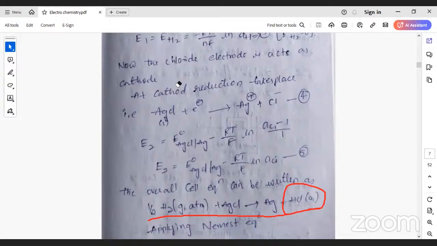Or else, by combining E1 and E2, two procedures are possible. By adding E1 and E2 we will get the solution, or the Nernst equation is applied to the overall reaction, and we get the EMF equation for chemical cells without transference.